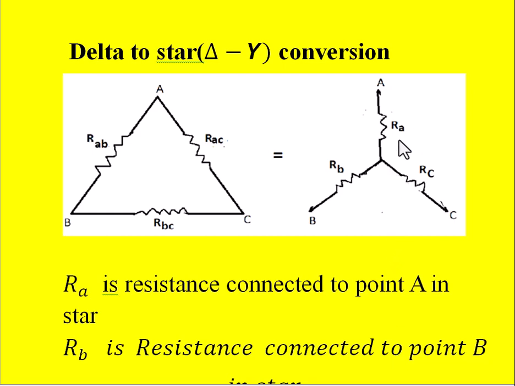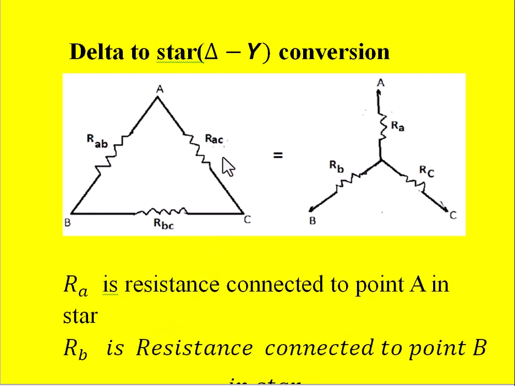To know this RA, RB and RC in terms of the delta values which are known, we apply the general rules. So the equivalent resistance between terminals A and B is RAB in parallel with RAC plus RBC.